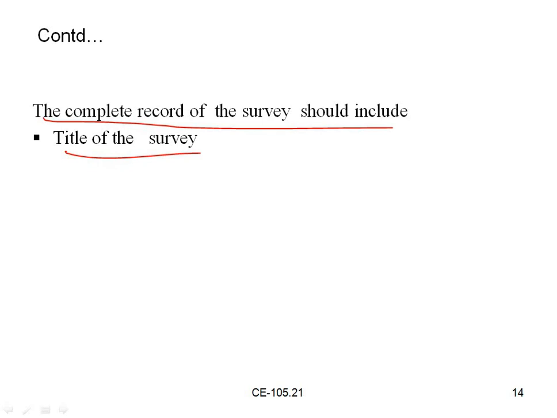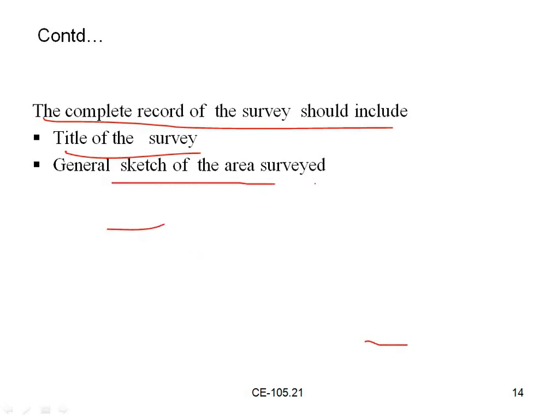So if you are doing canal measurements and levels, you have to write taking the canal measurements and depth of levels. That is the title of the survey. And a general sketch of the area surveyed. If you are doing a canal survey, you have to draw the canal diagram. If you are doing a building, you have to draw a rough diagram of the building level. And if you are taking foundations, draw the foundation diagram.